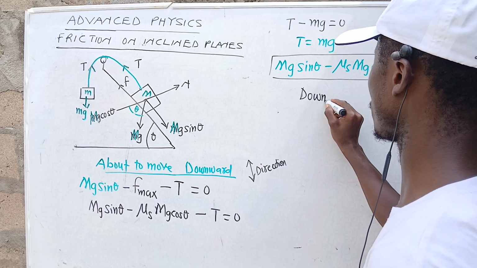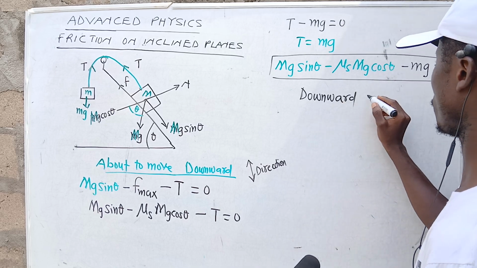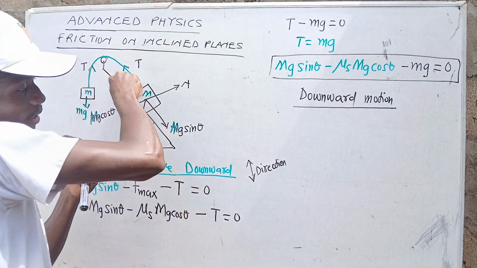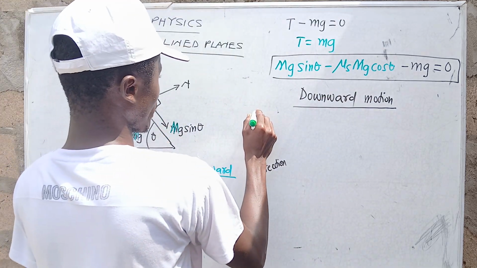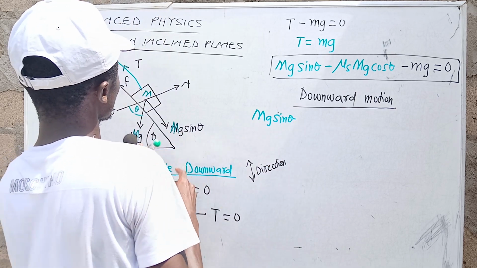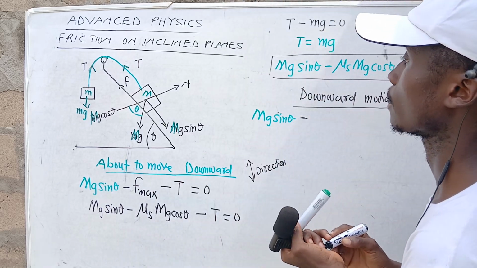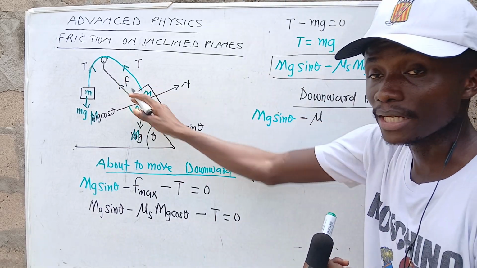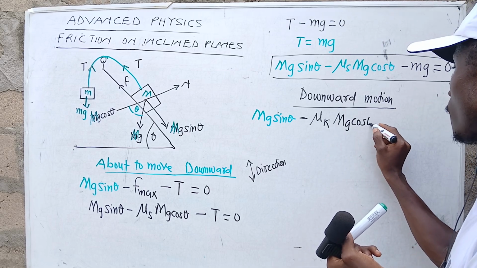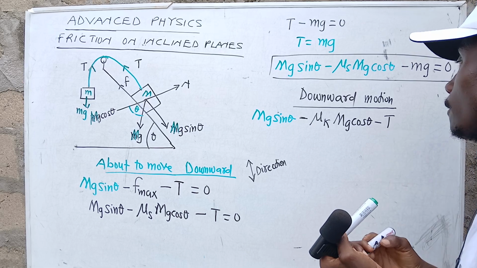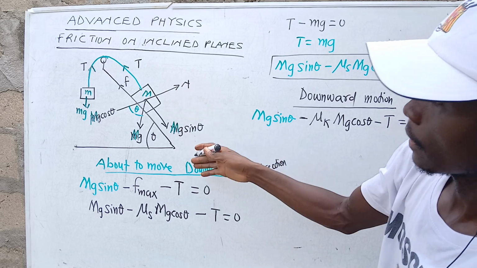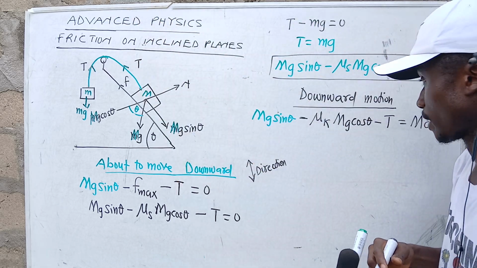Now let's consider the downward motion of the whole system. When the whole thing is set to move downwards, then Mg sine theta, that is this force, minus the frictional force, which when it is moving is the coefficient of kinetic friction times capital Mg cosine of theta, then minus the tension will be equal to capital M times the acceleration in the up and down the inclined direction.